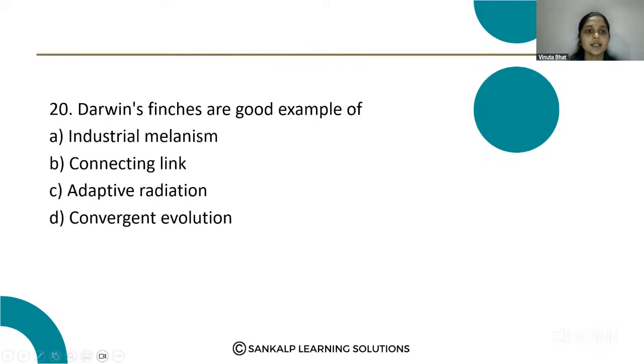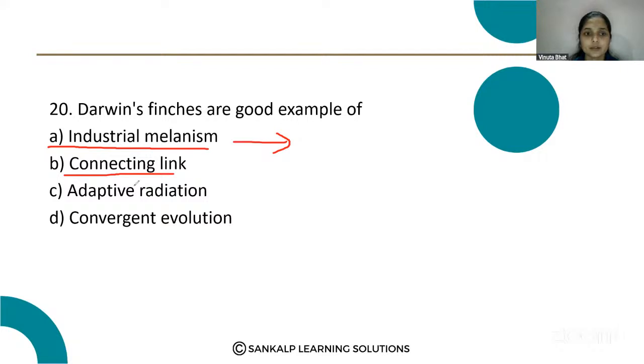Next question. Darwin's finches are a good example of industrial melanism, connecting link, adaptive radiation, convergent evolution. So industrial melanism, I already explained. That is the melanized winged moths and the white winged moths, how their numbers changed before and after industrialization. Darwin's finches are not the connecting link.